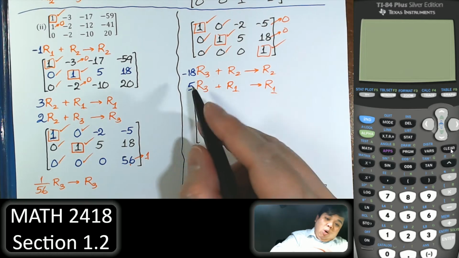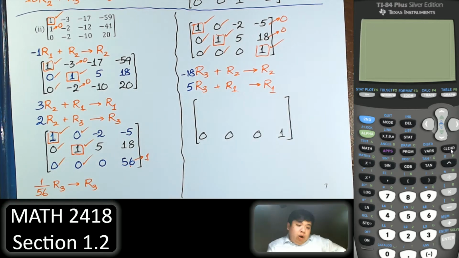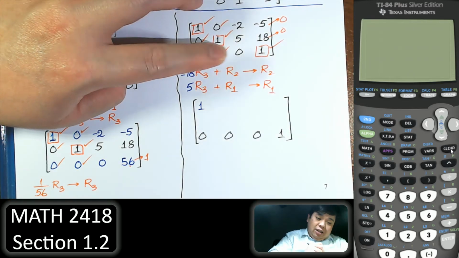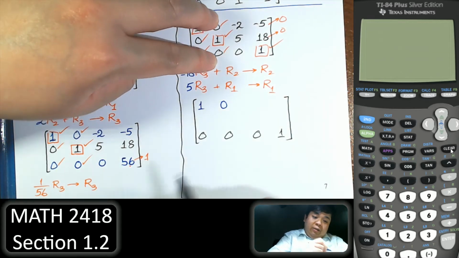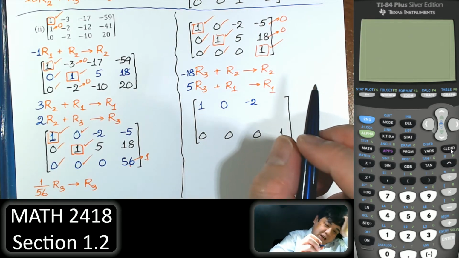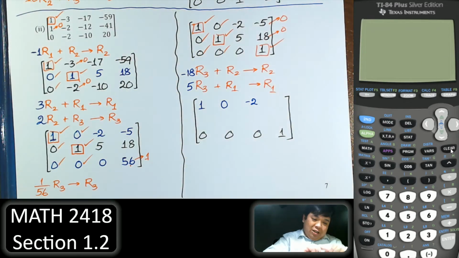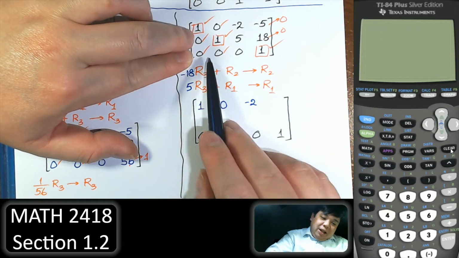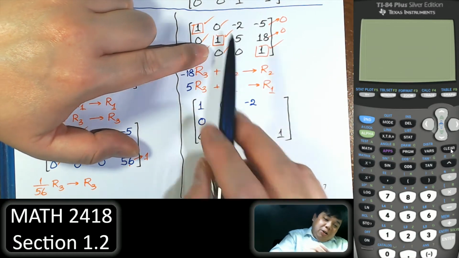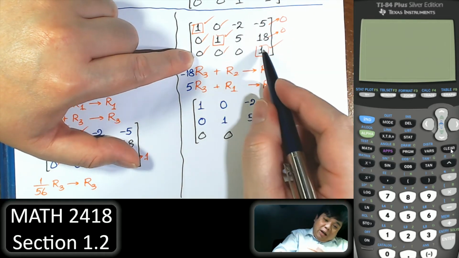Only row 3 will stay the same. -18 times 0 plus 1... we do that to row 2, sorry. -18 times 0, so that's 0. -18 times 0 plus 1. -18 times 0 plus 5. -18 times 1.